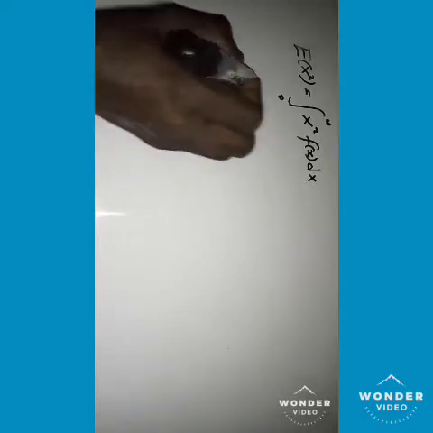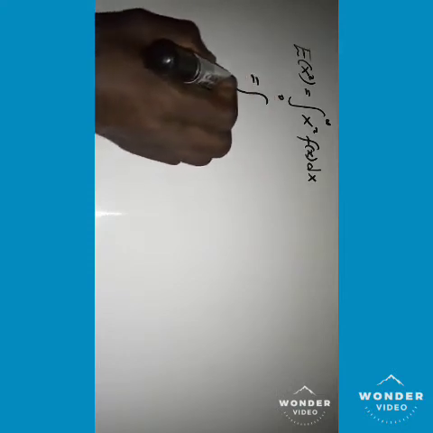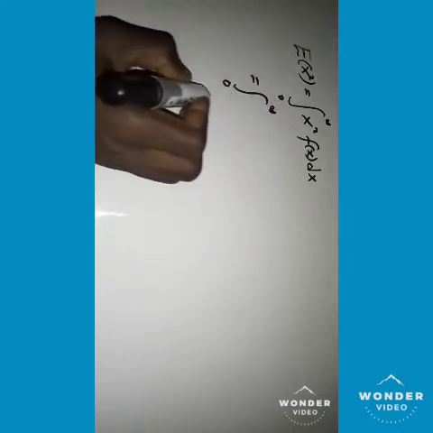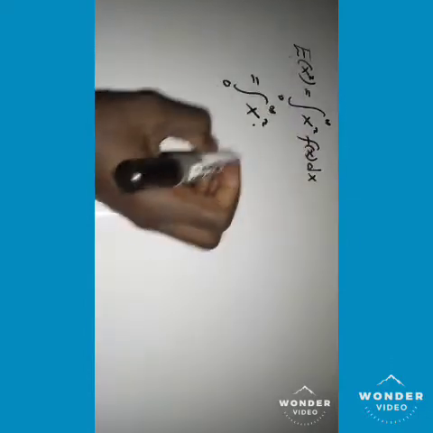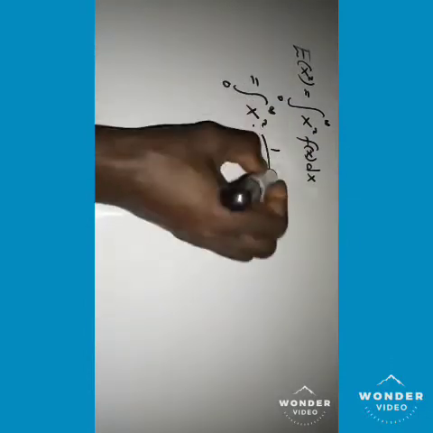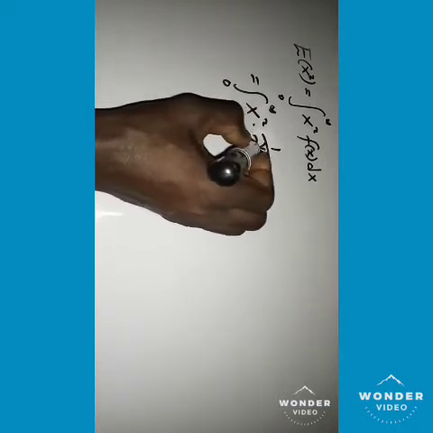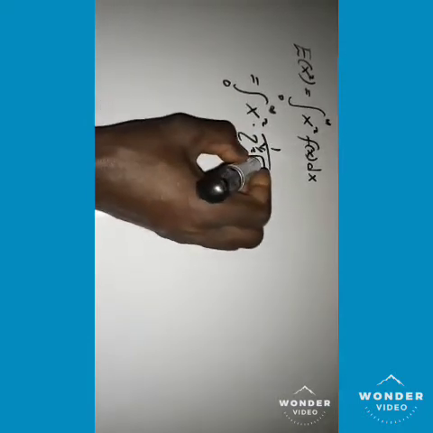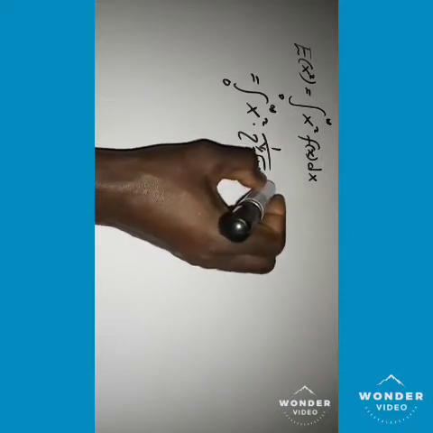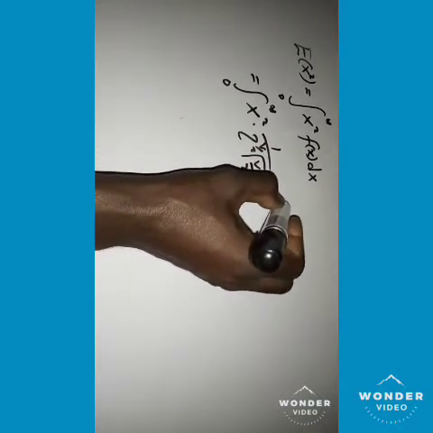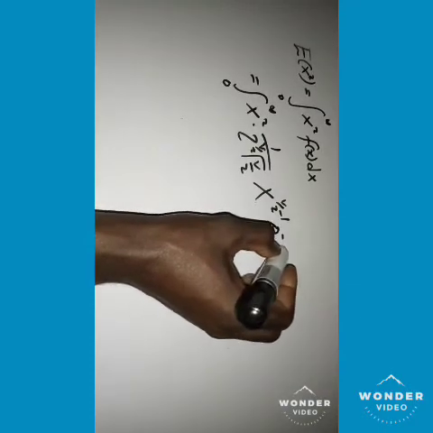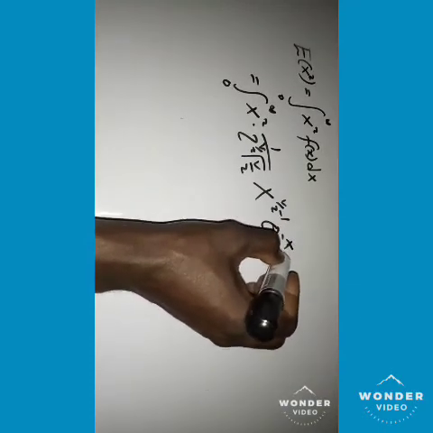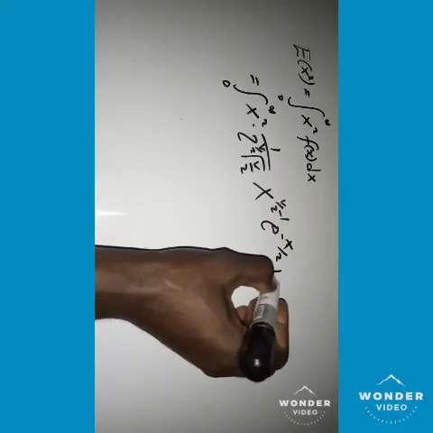In here I now have the integral from 0 to infinity of x squared times the density function, 1 over 2 to the power of v over 2 gamma of v over 2, times x to the power of v over 2 minus 1, times e to the power of negative x over 2, dx.